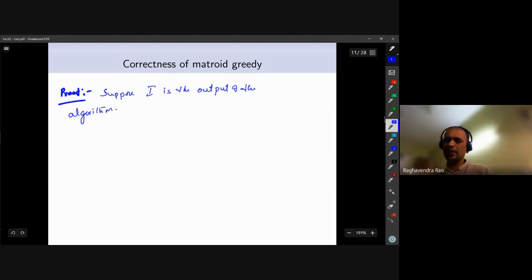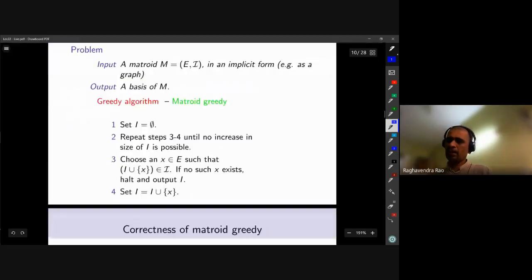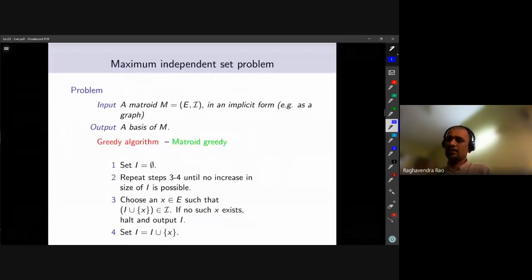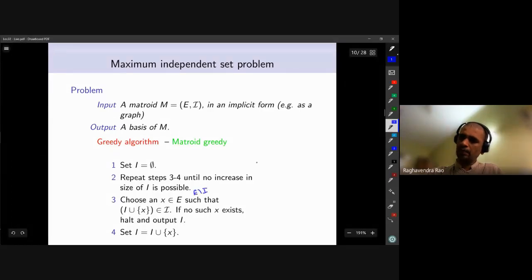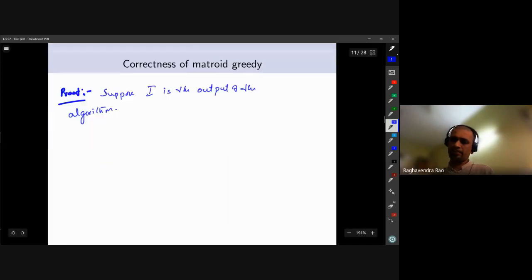So when is I going to be the output of the algorithm? For any x in E, well, there is a small catch. So this should be E minus I. Otherwise you can always come up with elements so that I union x has larger cardinality, and you can go on an infinite loop, right?